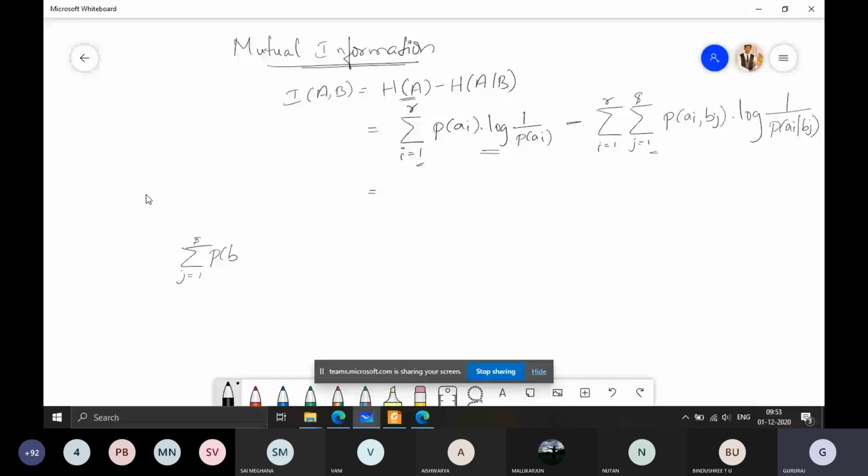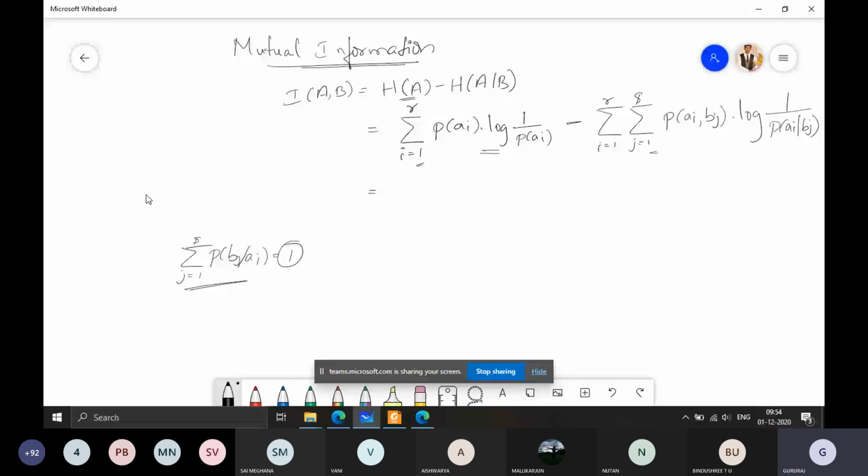So even though you introduce this term in the first term, its total value is equal to 1 only. So if you are multiplying by 1, it will not change the value of the term. Fine.